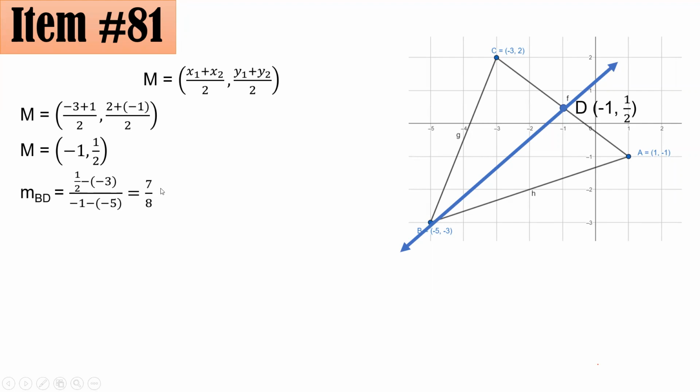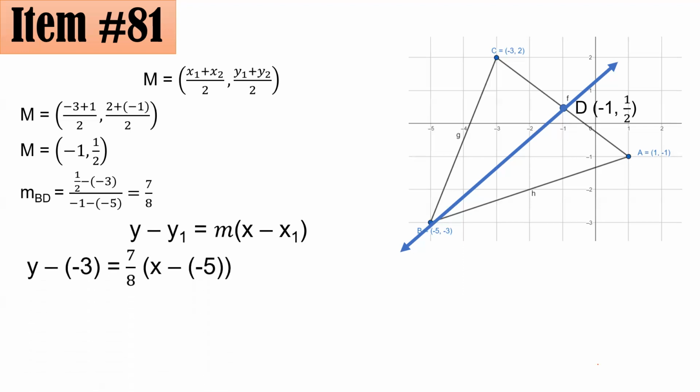Knowing that we have a slope, we can choose either point B or point D and utilize the point-slope form of a line. By substitution, I chose the point (-5, -3), so -5 is x1, -3 is y1, and your slope is 7/8.